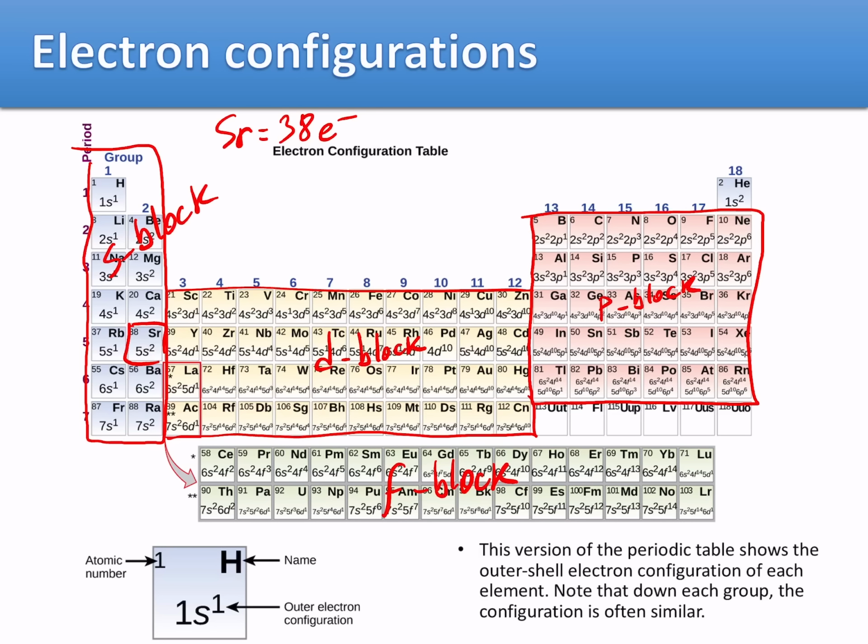So if it's 38, then xenon, 54, doesn't work because it has an atomic number larger than strontium. But then we have krypton, which is 36. So strontium is going to be equal to krypton, and you have 2 more electrons to go.